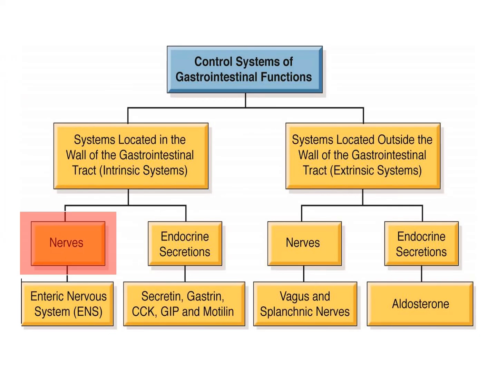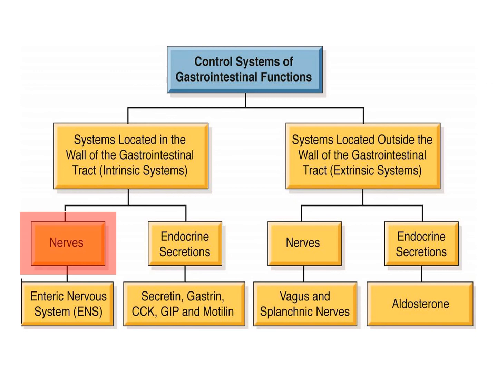We have seen this slide before, and this slide basically is the roadmap by which we continue our discussion on the control systems of the gastrointestinal tract, or the systems that orchestrate the different functions of the gut. An intrinsic system and an extrinsic system.